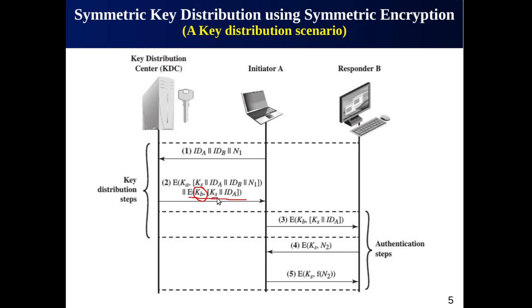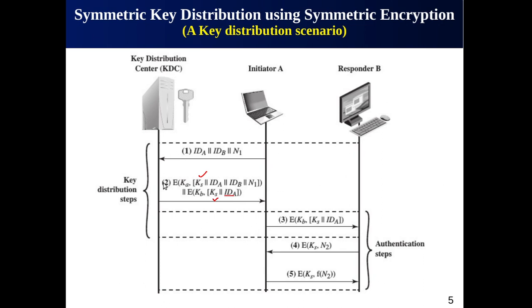We have the same session key KS, which will be delivered to A as well as to B, and also the identity of A, because B would prefer to know who actually wants to communicate with him or her. So the ID of A, meaning the ID of the sender, is also in the message.